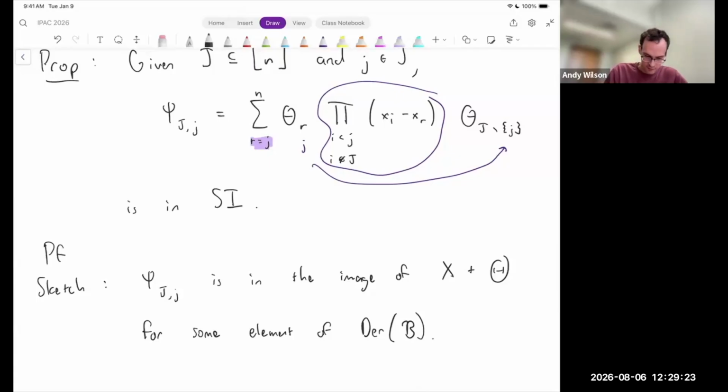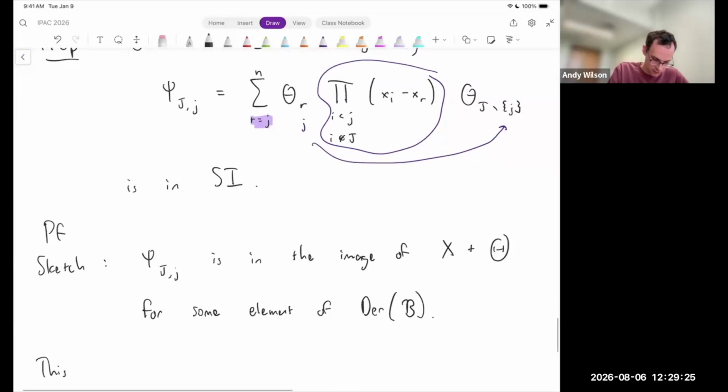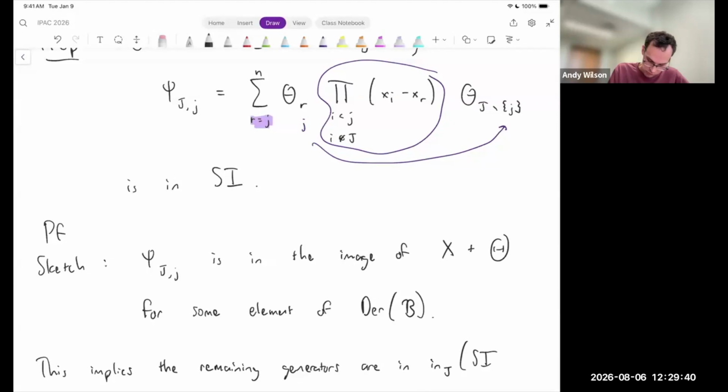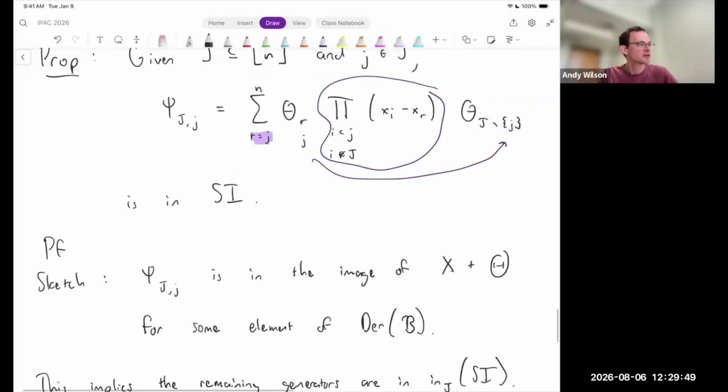So this implies the remaining generators are in this initial ideal. Okay. And you're welcome to hold me to my claim that I can write up a detailed proof of this. I think I have it here in front of me, but I'd want to check it again before I shared it.